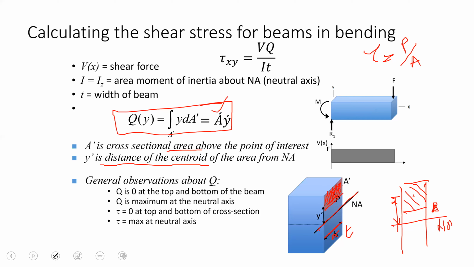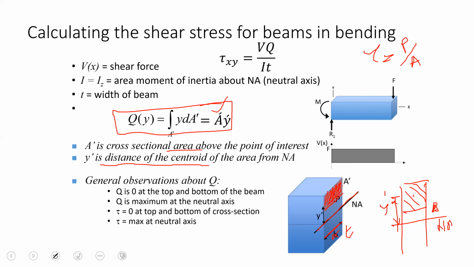This will be Y dash. Right? So now we dissect this. The whole distribution of the transverse or bending shear depends upon Q, that is, where your point of interest is.